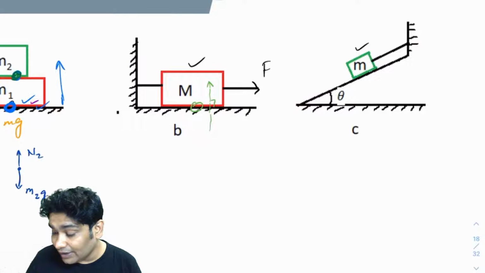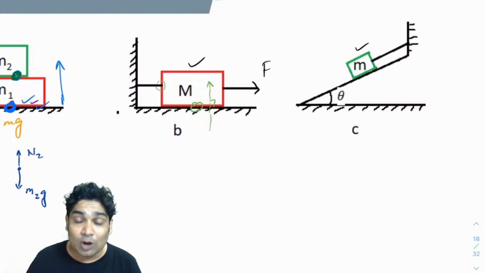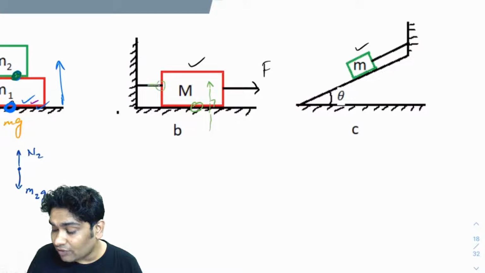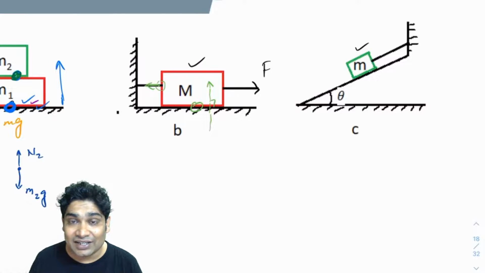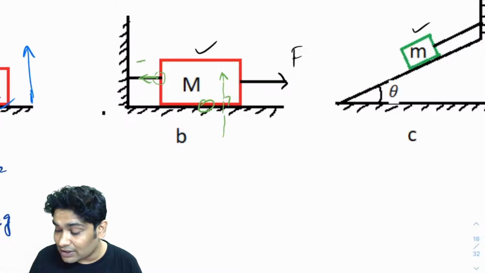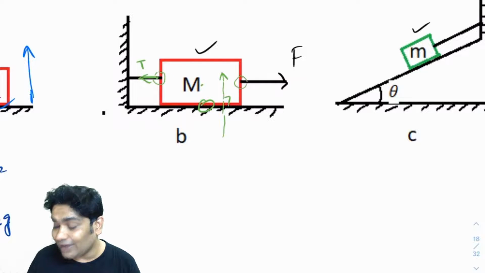Now here it has another contact. This is a contact with a string. So what does a string do? Strings apply a tension force, which is always a pull force along the length of the string. So this will cause a tension force in this direction, a pull along the length of the string. I can call this T. Oh, it has another contact here.